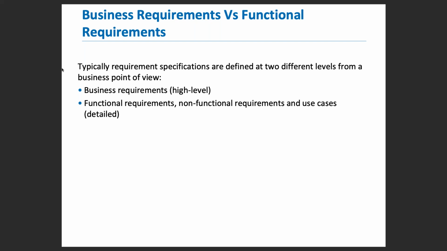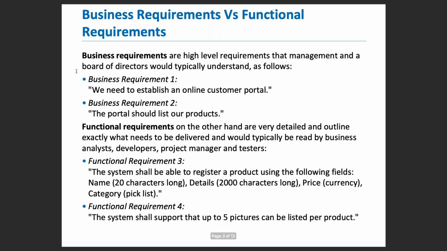So we talked briefly about these two types of requirements, or dimensions, per se. Let's see what else we have. To give some examples, let's say the business requirement is we need to establish an online customer portal. As you can see, that is the requirement which tells what needs to be done, right?